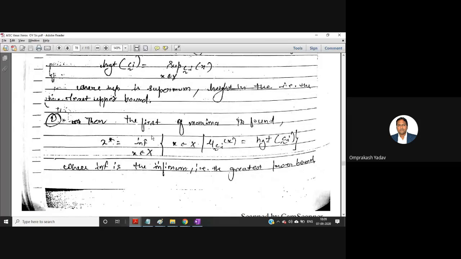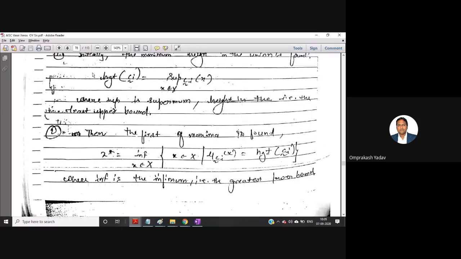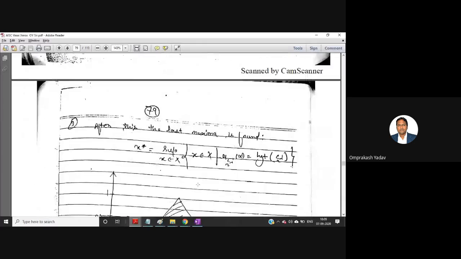Then how is the first of maxima determined? It is determined by the infimum function, that is, the greatest lower bound. Again, this works on the height only. Whatever height we determined in the first step, on that we determine the infimum, the greatest lower bound. So first we find the least upper bound, and then on that we find the greatest lower bound.